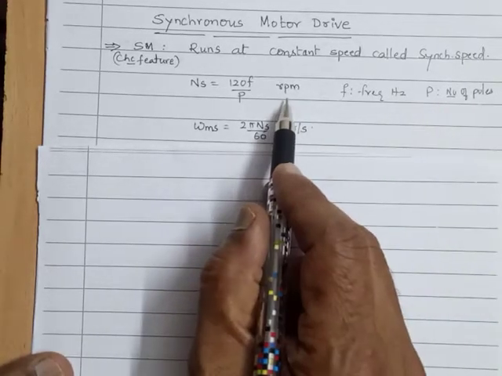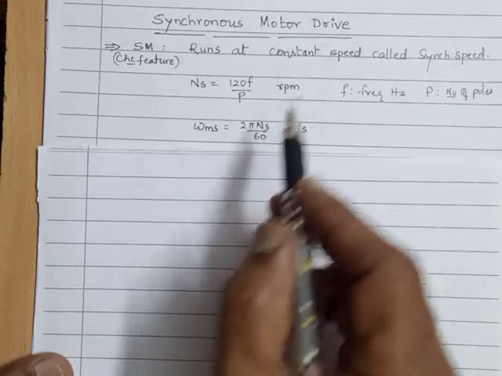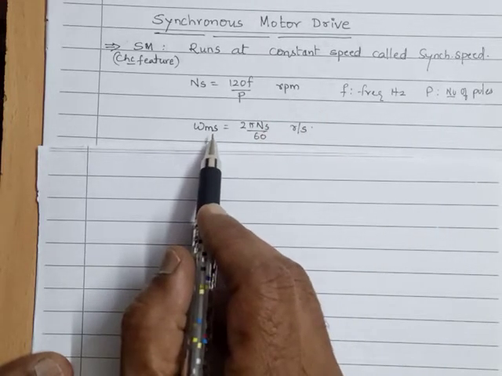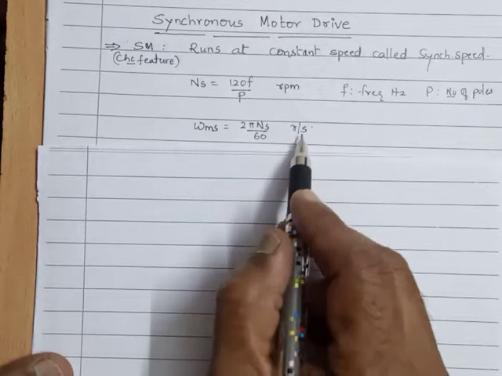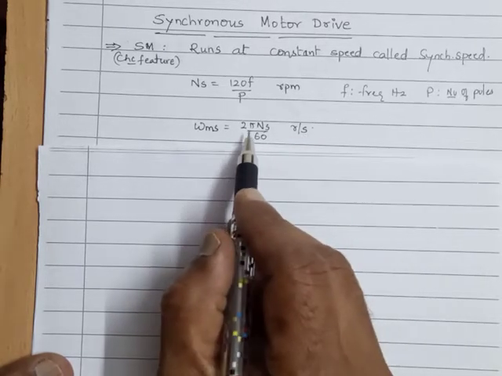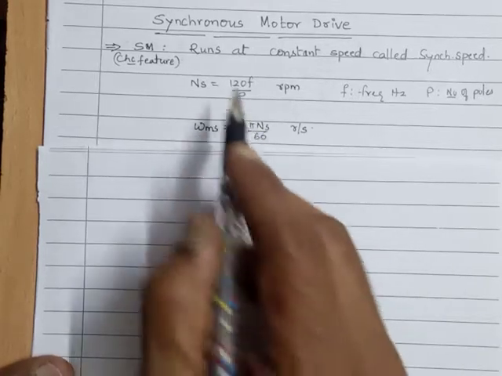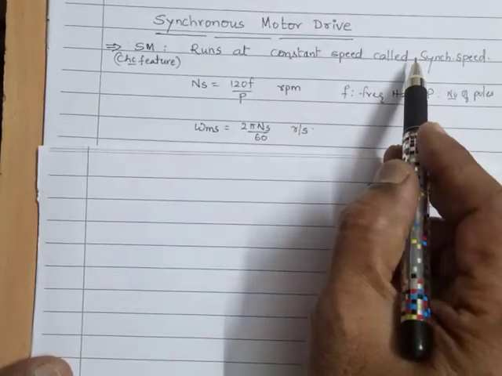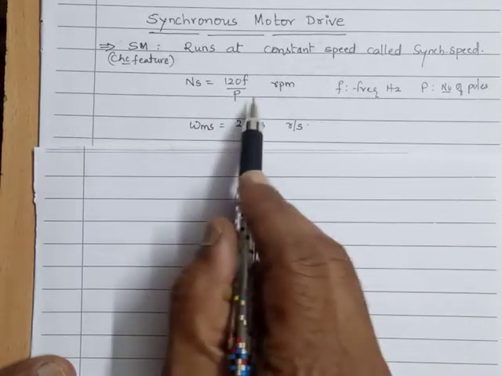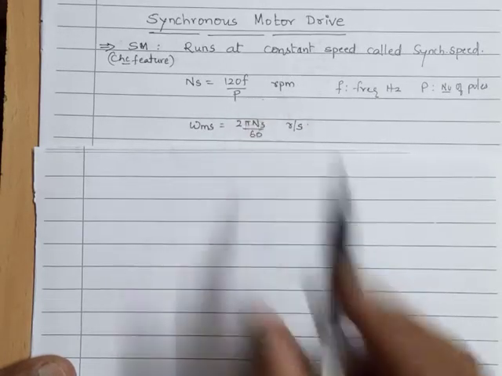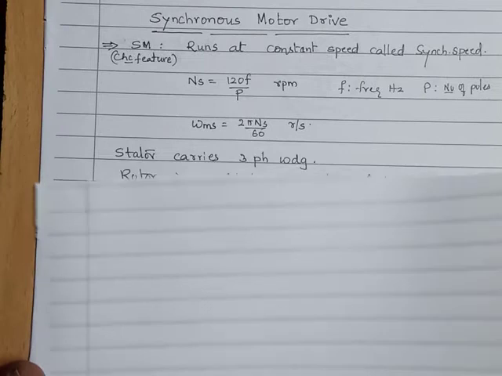This is in revolutions per minute, and the synchronous speed can also be represented in radians per second as 2 pi Ns by 60. So the synchronous motor is the one which runs at this speed called synchronous speed.